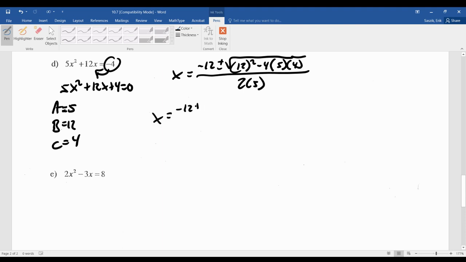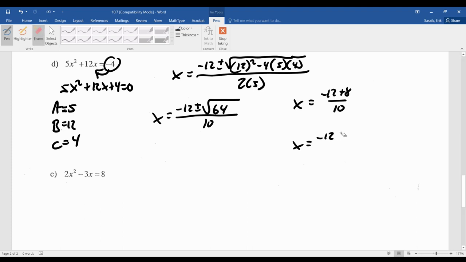Okay, negative 12 plus or minus, the denominator becomes a 10. If you type in what's underneath this, you're going to get 64. That's a perfect square. That's 8. So now I can actually do it without a calculator.